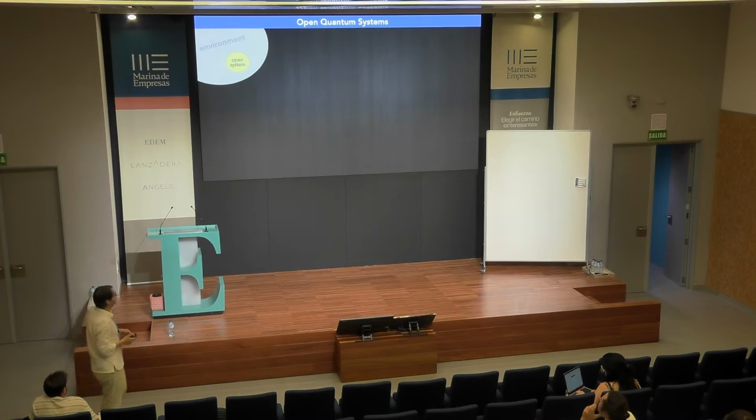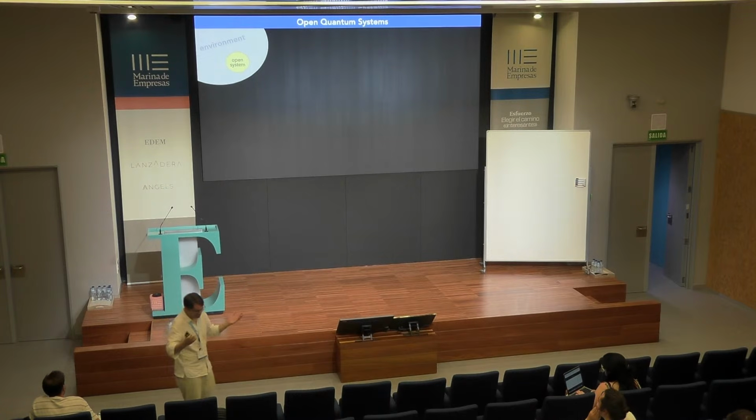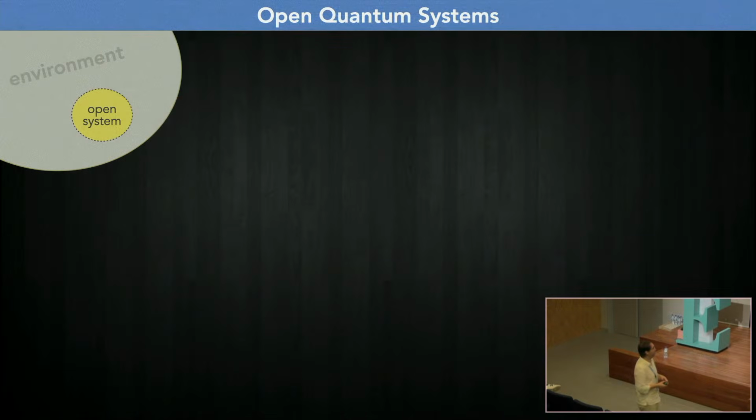So let me start by reminding you, hopefully most of you, and if some of you don't know about it, hopefully help you understand a little bit about the theory of open quantum systems. Essentially, instead of being closed, with dynamics described by a Hamiltonian, an open quantum system can interact with an environment.